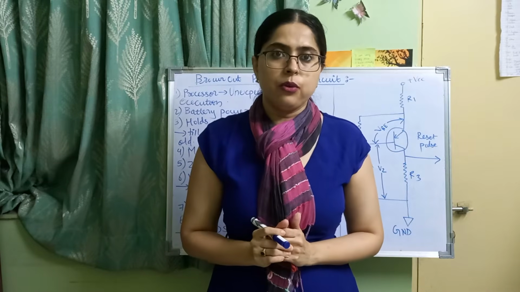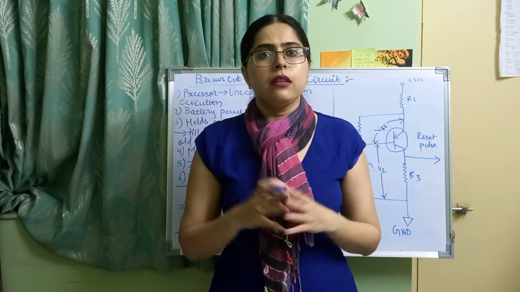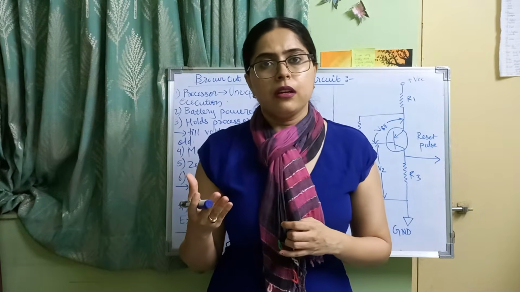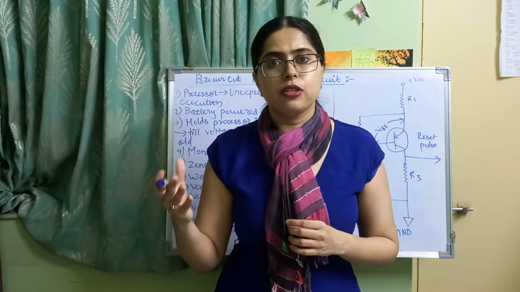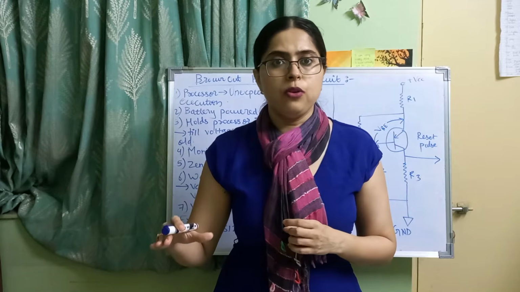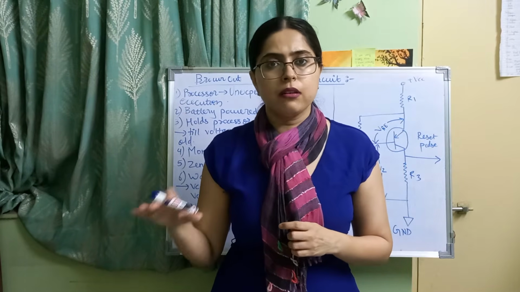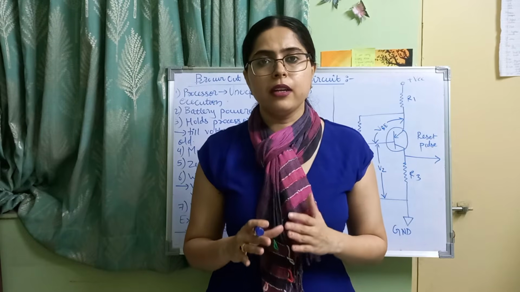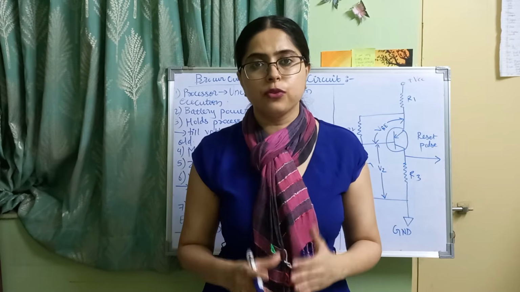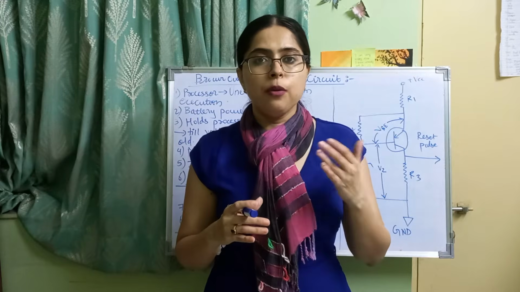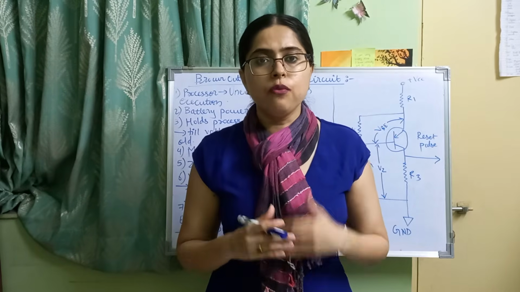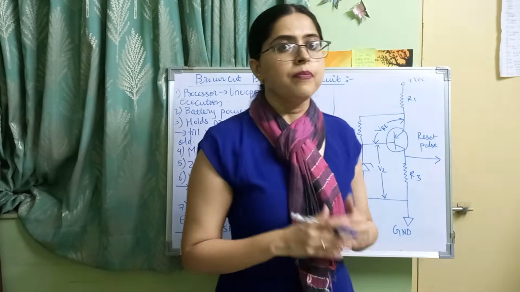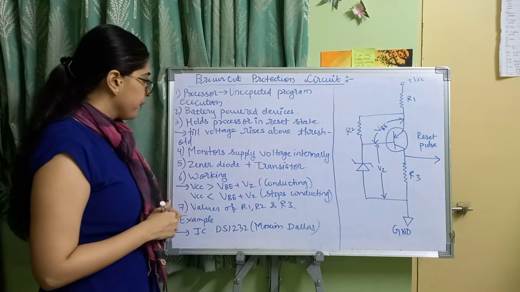When the processor reaches the specified voltage range, the reset is stopped. Okay, it gets back to normal working state. So to avoid this unexpected abnormal behavior of a processor during low power or low voltage situations, we have the brownout protection circuit. Okay, now let's see the working of it.